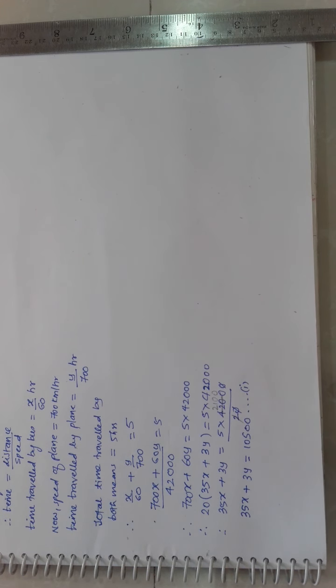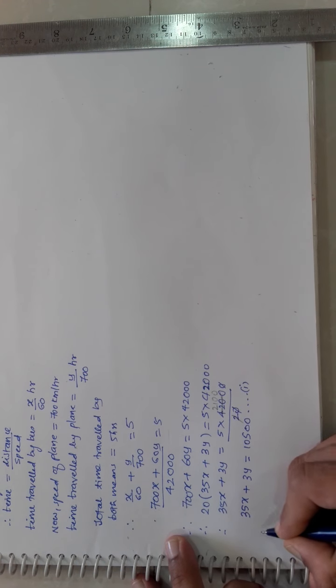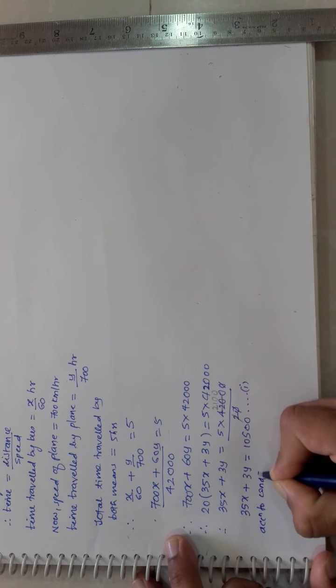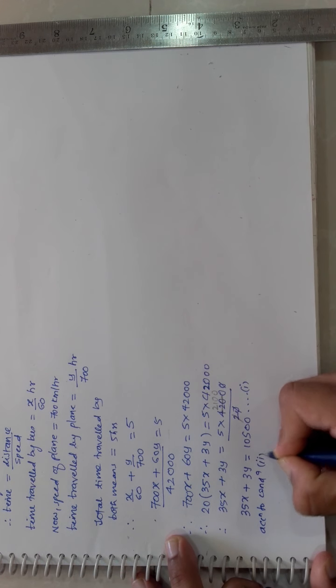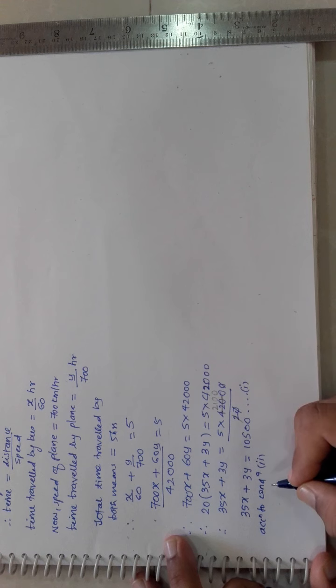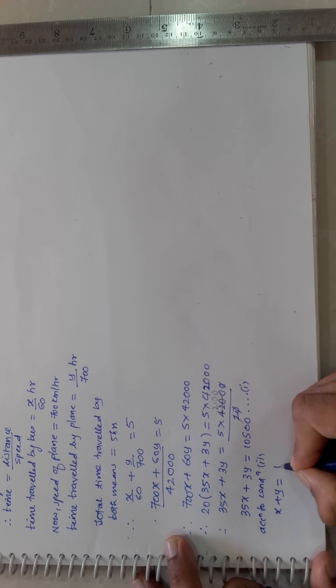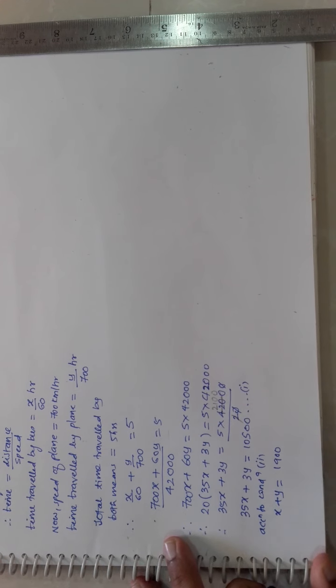The total distance traveled will be nothing but 1900. So the second condition over here, although actually that is the first condition, we can write here x plus y is 1900.